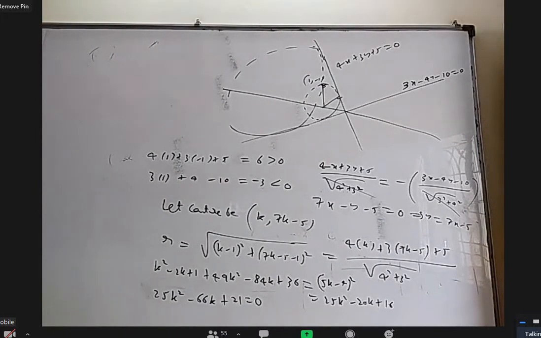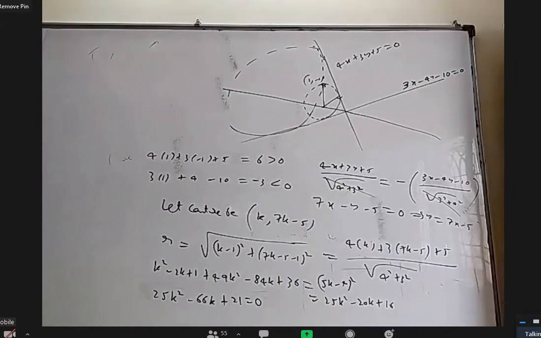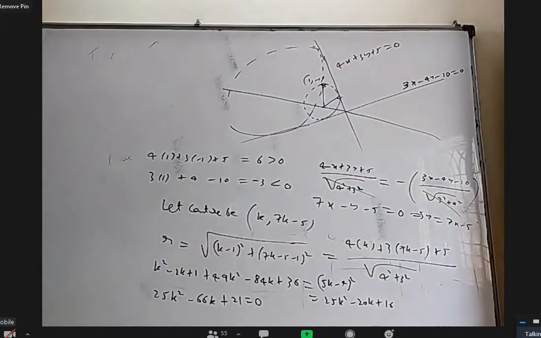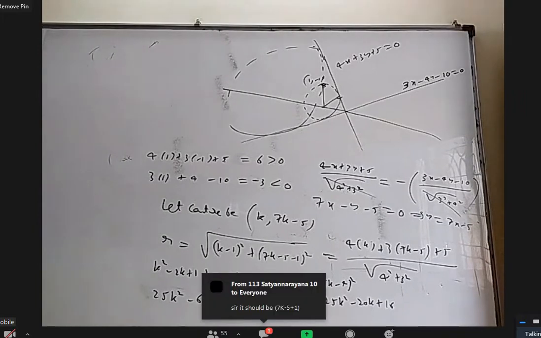How to write it as 525 is the product of two numbers whose sum is minus 66. Can anybody find the roots?